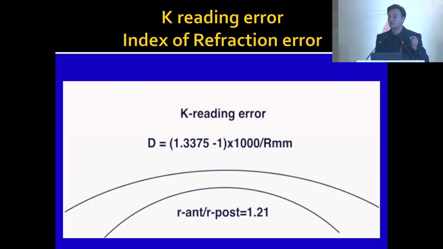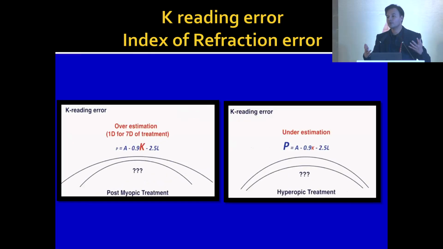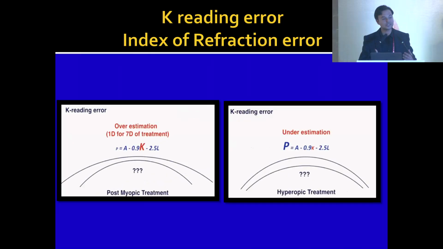But this ratio, which should be presumed to be 1.21, goes for a toss once you have undergone a myopic LASIK procedure. So there is an overestimation of keratometry in these formulas that leads to underestimation of IOL power, and thus leads to what is called a hyperopic surprise.